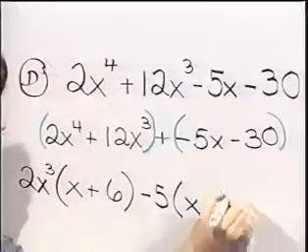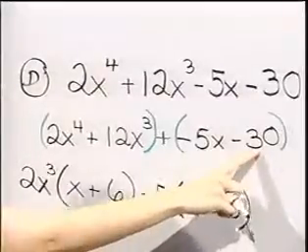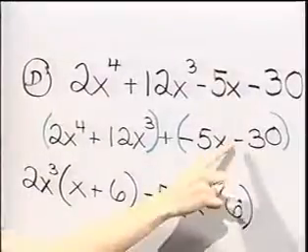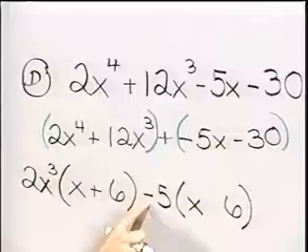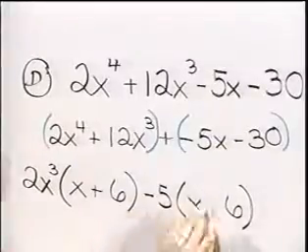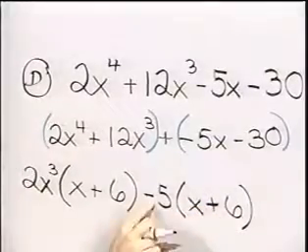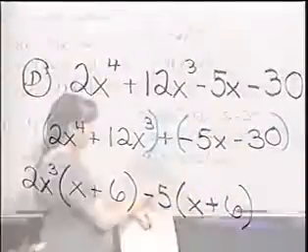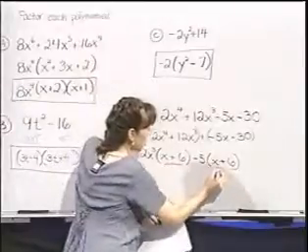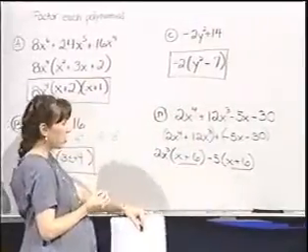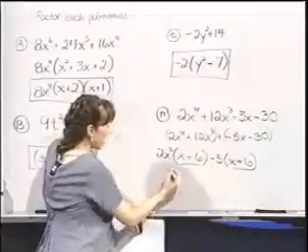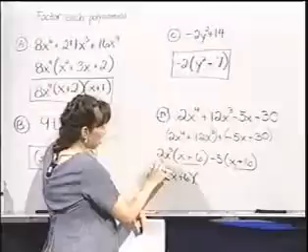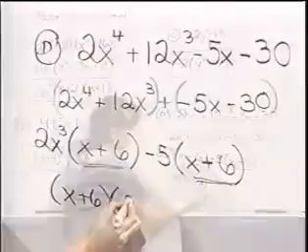You're left with a 6, because if you take 5 away from 30, you're left with 6. And what sign goes in here? Well, taking a negative 5 out of negative 30 should leave you with a positive 6. Double check. Negative 5 times positive 6 is negative 30. And in fact, this is good because you see the common term there, x plus 6. So take out the x plus 6, and you're left with 2x cubed minus 5.